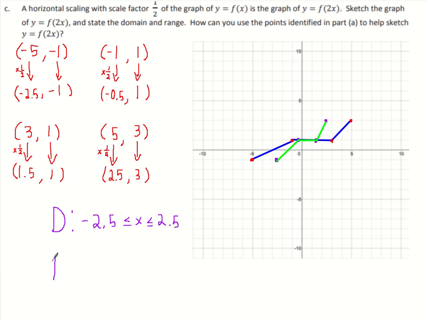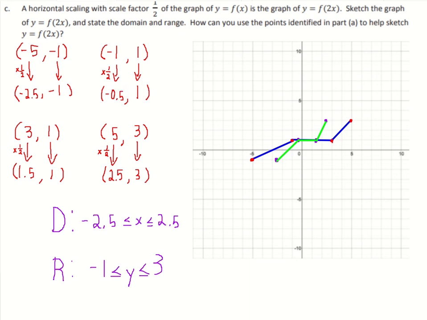And this time, our range stays the same as our original. Our lowest y value is negative 1, and our greatest is still 3. So horizontal scaling changes our domain. In fact, it's going to shrink it in half.